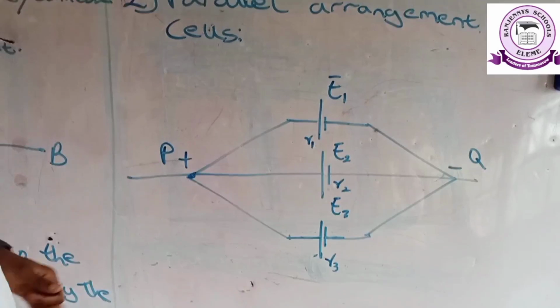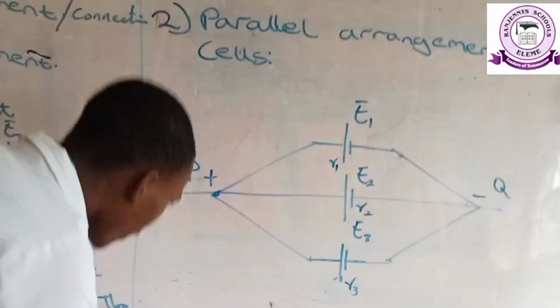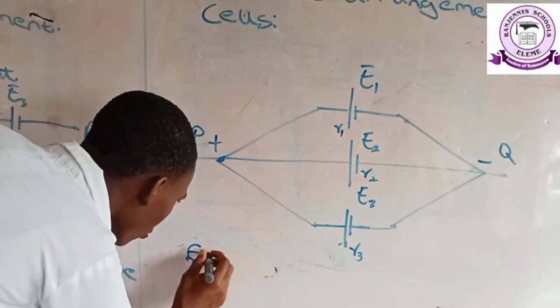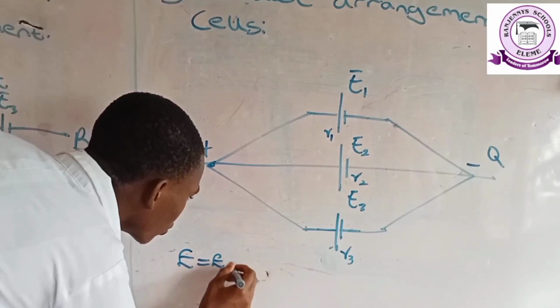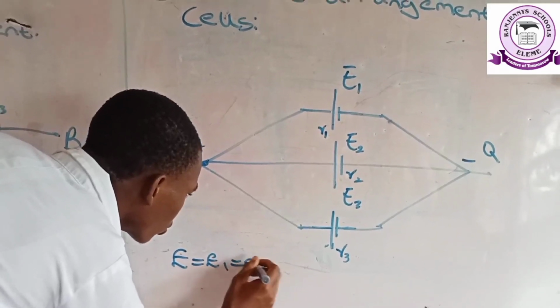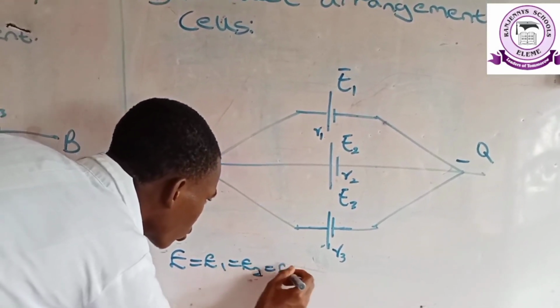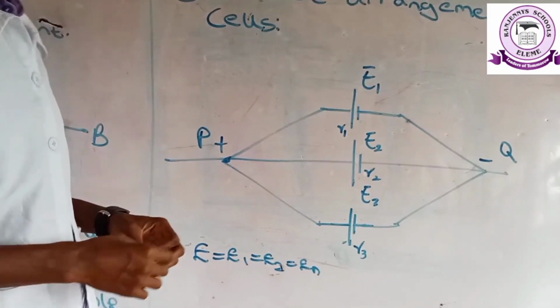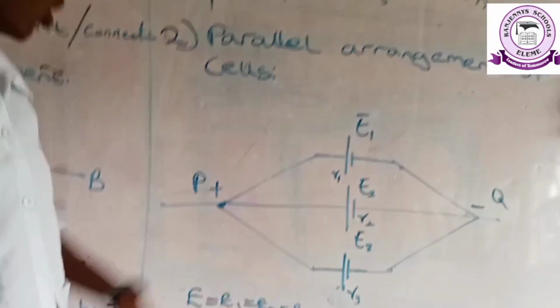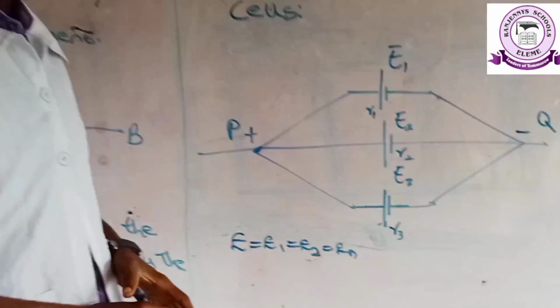Total EMF of cells in parallel is given by... In parallel arrangement of cells, all the EMFs are the same.